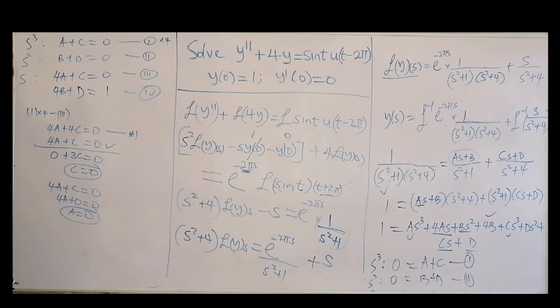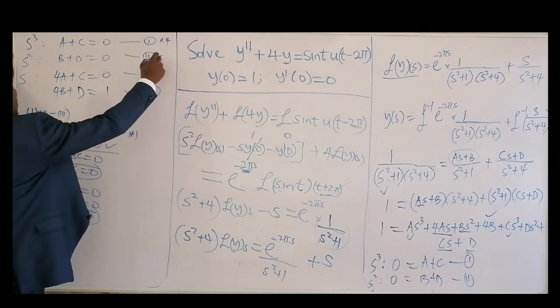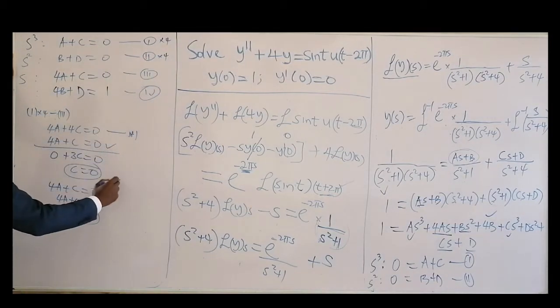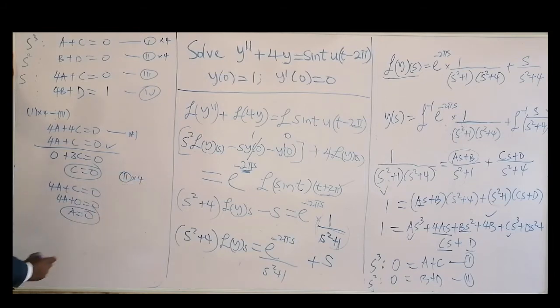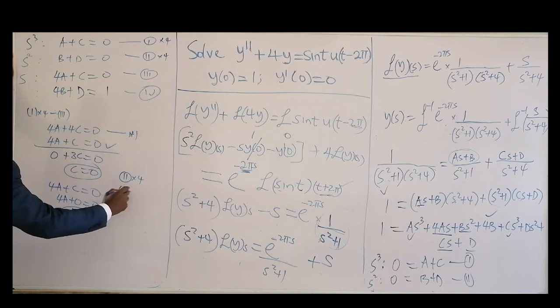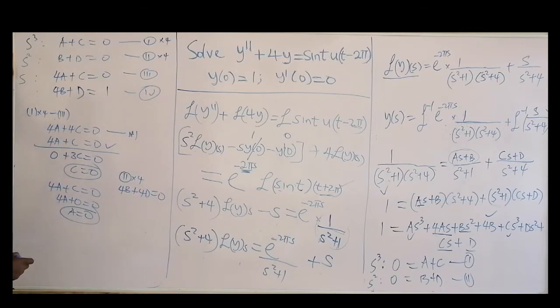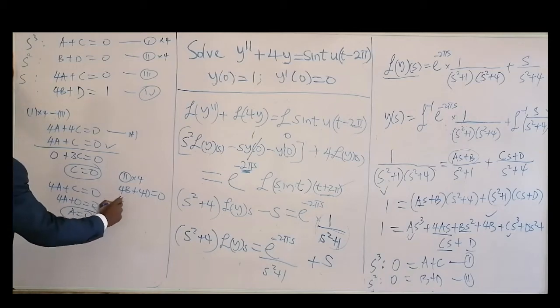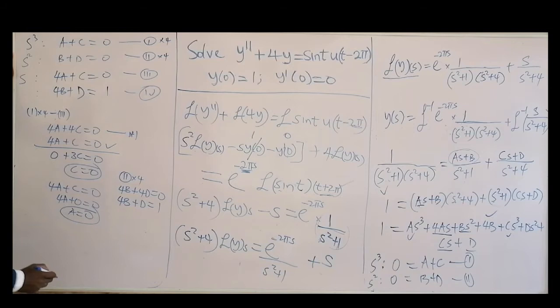So that's done. Can we combine 2 and 4? Equation 2 times 4 gives 4b plus 4d equal to 0. Then equation 4 is 4b plus d equal to 1.